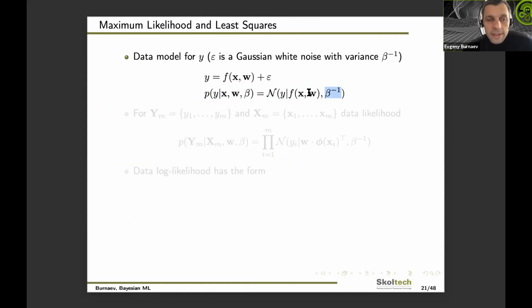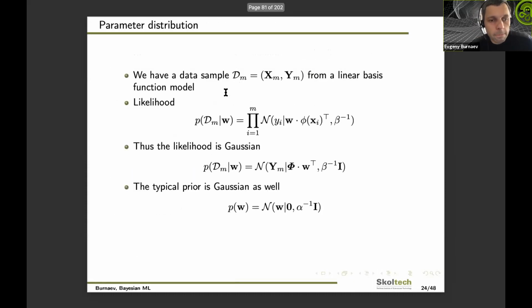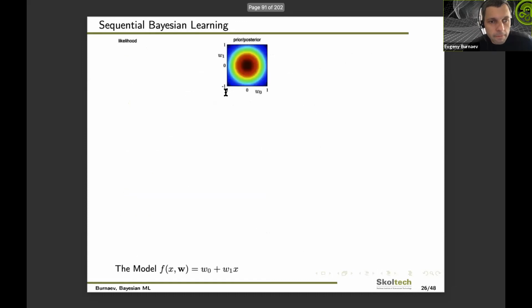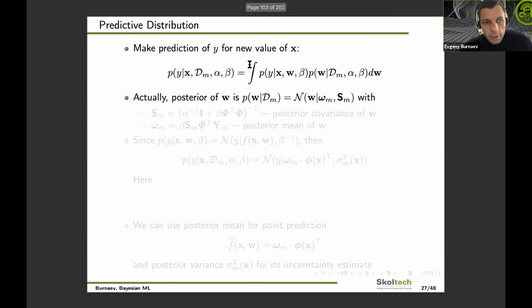So what I do, I take the posterior distribution over the vector of parameters w, and I integrate out the parameter w with respect to the posterior distribution to get the prediction, the distribution of y given x. That's it. Okay, so this is the formula.